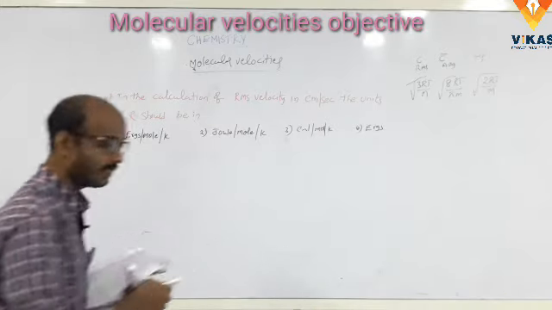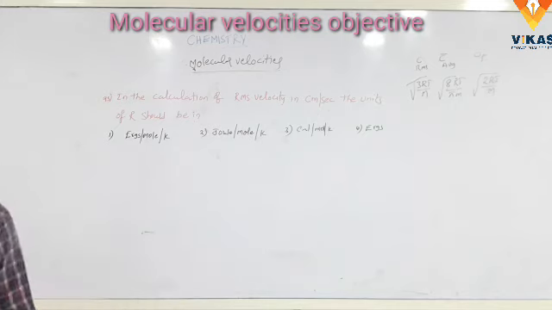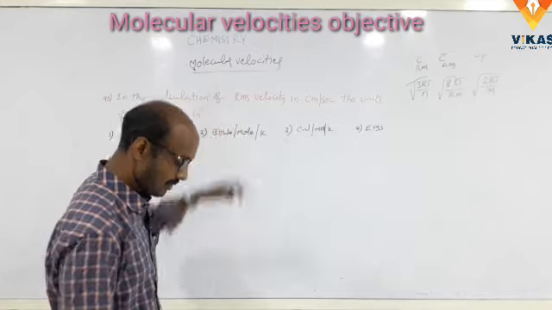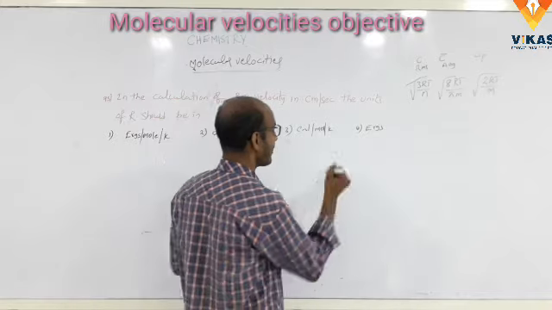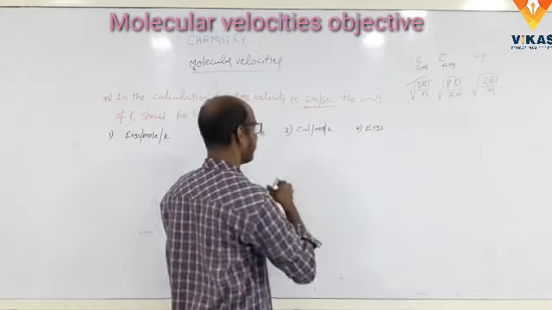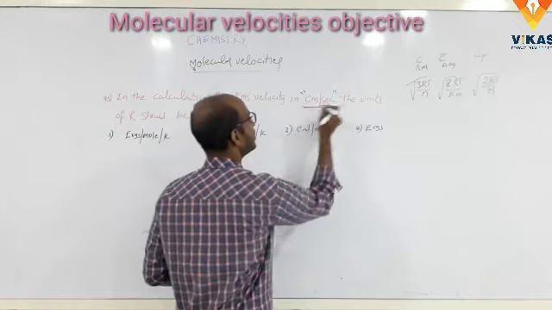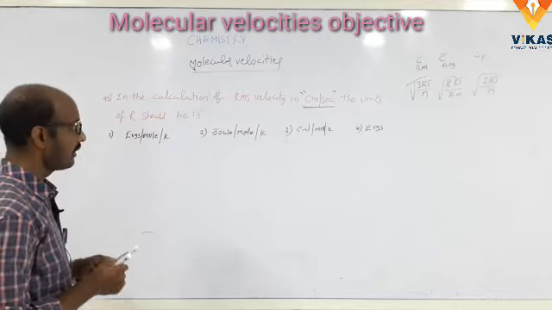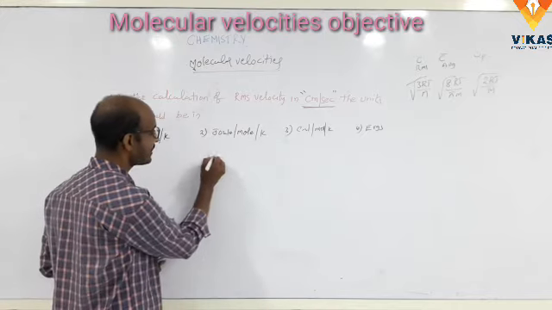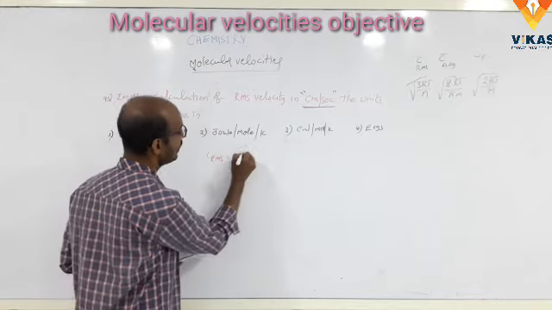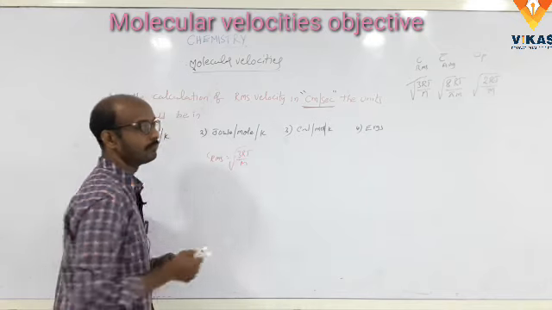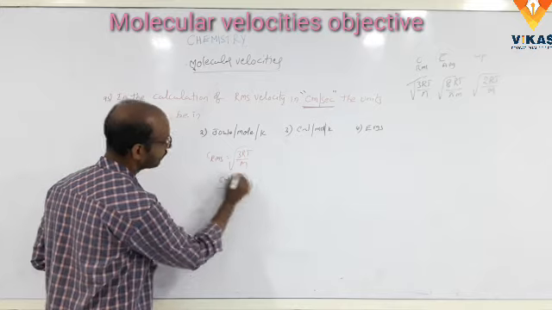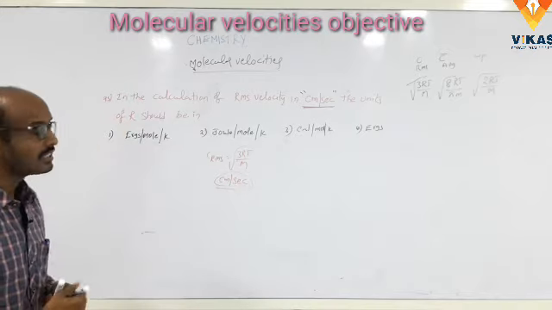So the question is, in the calculation of RMS velocity in centimeters per second, the units of R should be in what? What is the RMS velocity? RMS is equal to under square root of 3RT by m. RMS velocity is calculated in centimeters per second.